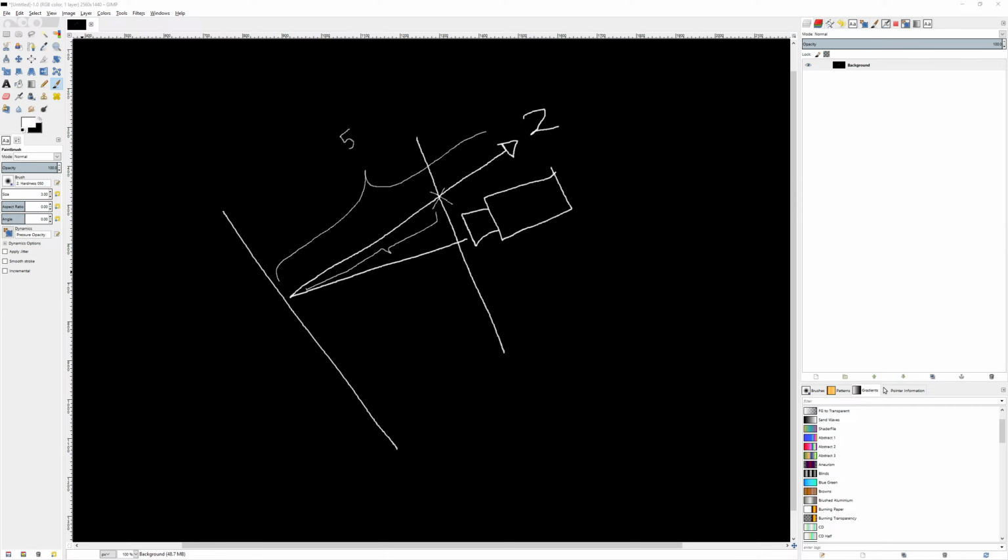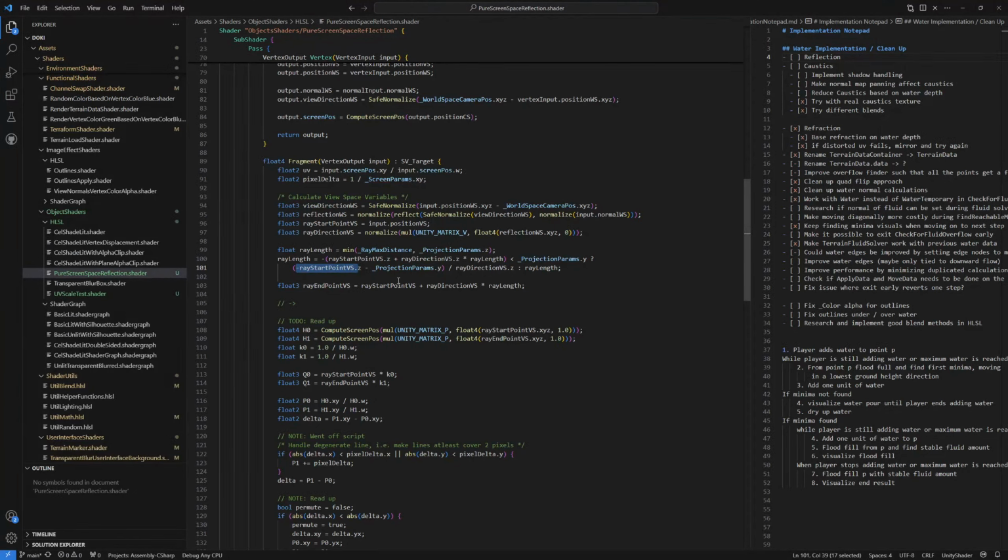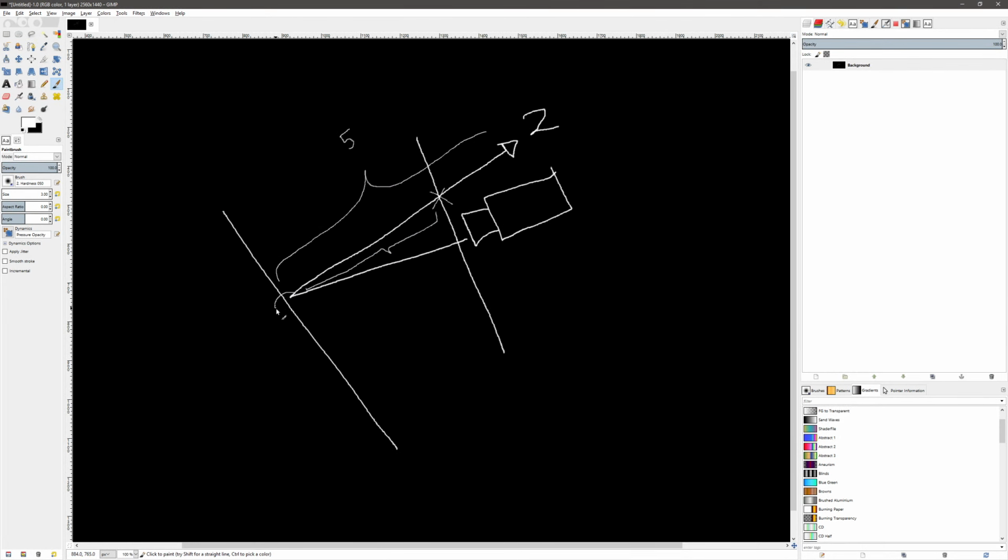We do, what do we have? We have the ray's start point, which is this one.